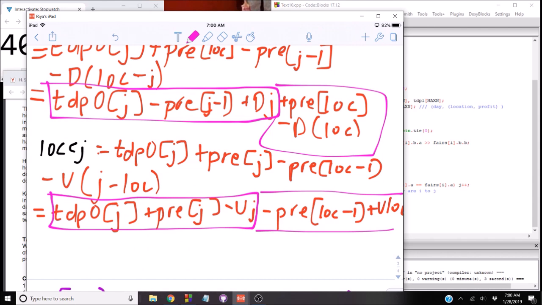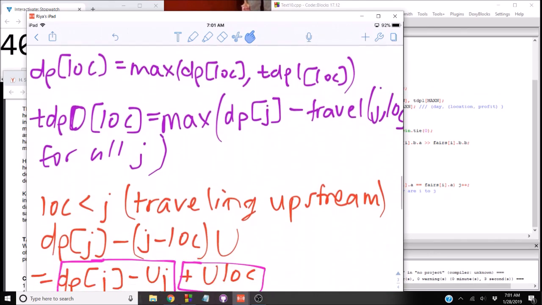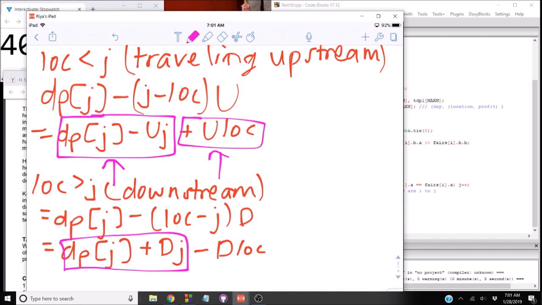But the problem is that it's not exactly pre-j minus 1. Well, I guess it in a way is, but the prefix sum changes based on lock. Okay, so these two values can both be put in a segment tree, dp[j] minus u[j] and dp[j] plus d[j].